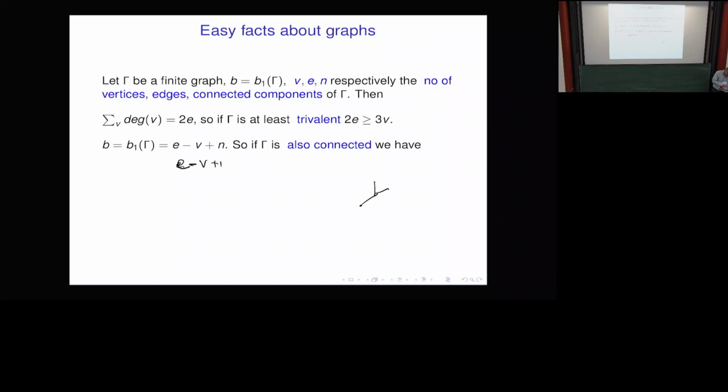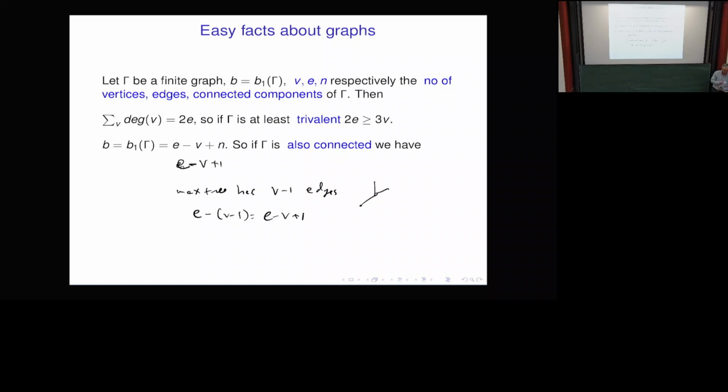So let's prove that, a maximal tree has V minus 1 edges, right? So what is left out is E minus (V minus 1), which is E minus V plus 1.